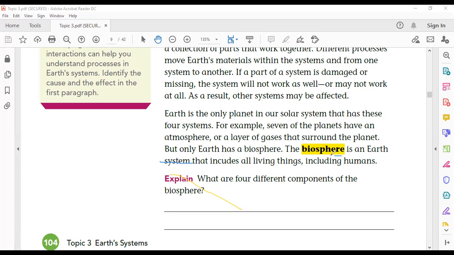This is the first part. The biosphere is an Earth system that includes all living things, including humans.